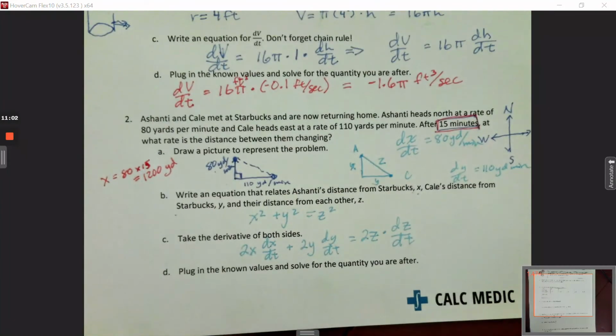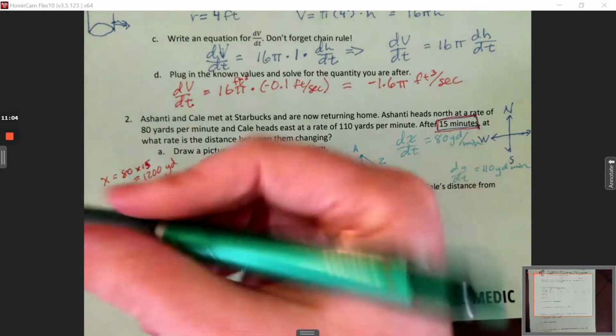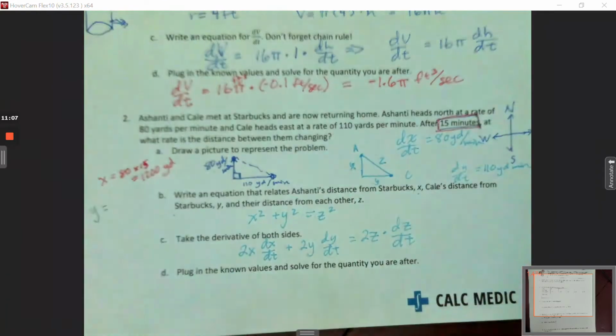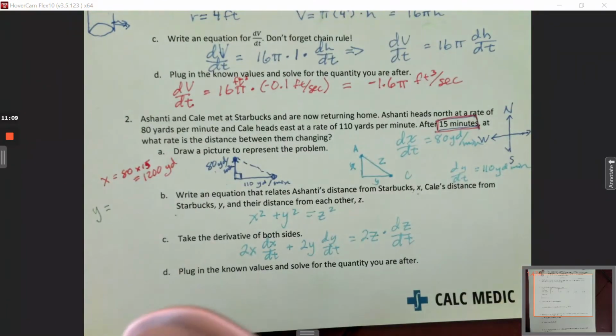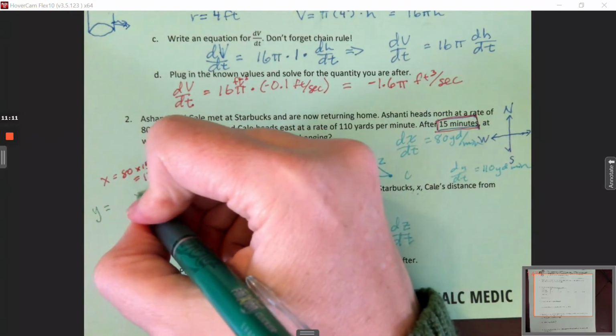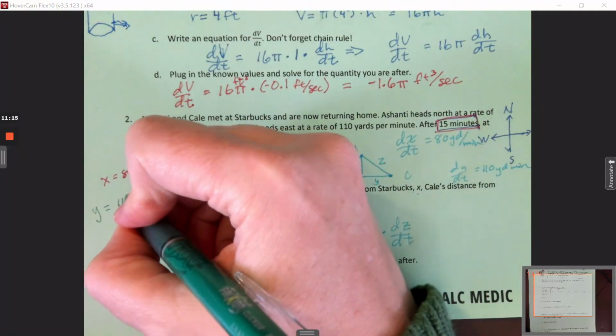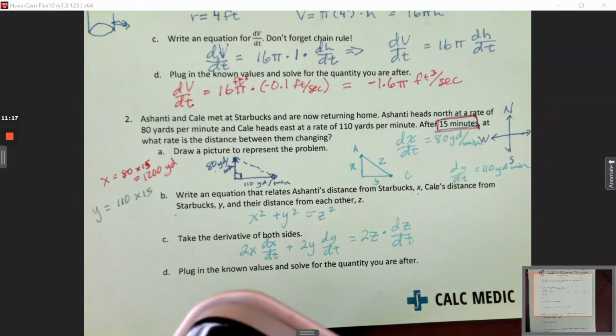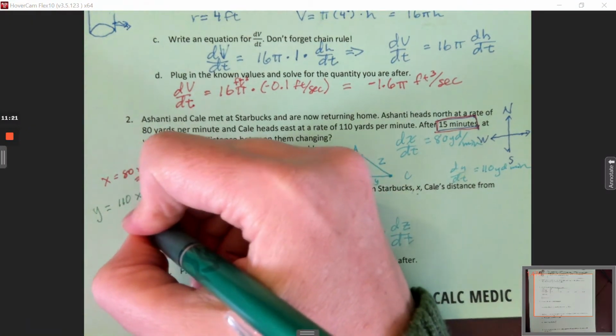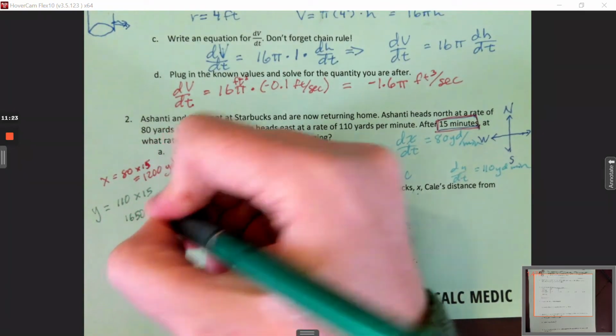So y, or Kale's distance, is going to be 15 times 110 yards per minute, which is 1650 yards.